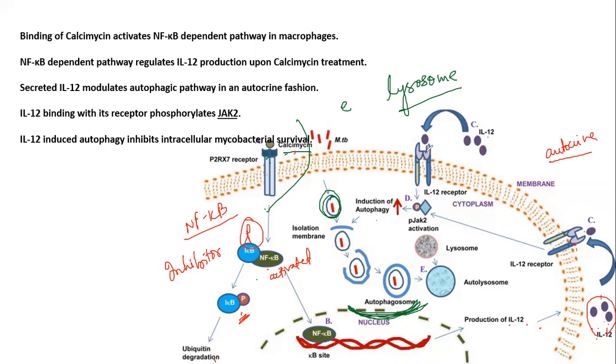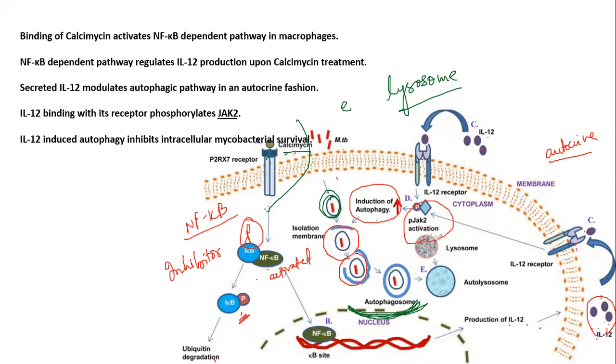Now, binding of interleukin to its receptor is going to activate your JAK kinase pathway. This is your JAK kinase pathway. Now, when the JAK kinase pathway gets activated, it is going to induce autophagy, where the mycobacteria which got engulfed by the macrophage will go for formation of the autophagosome.